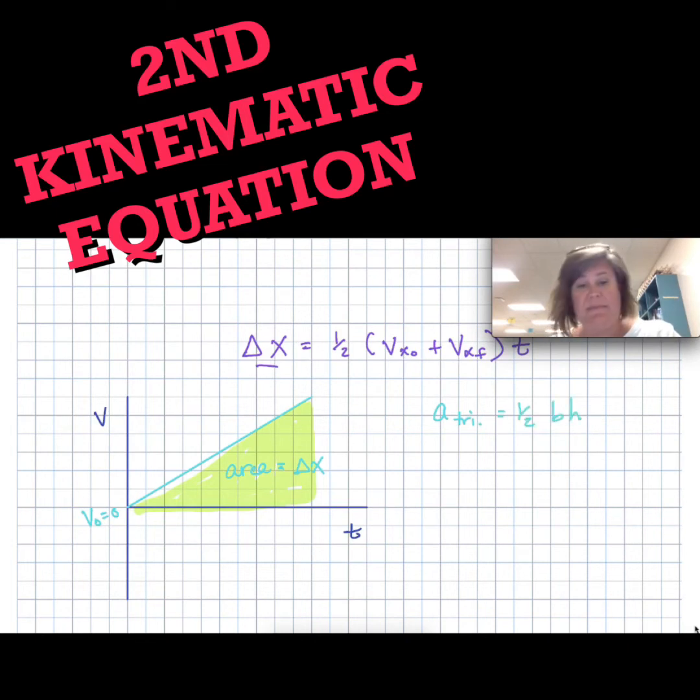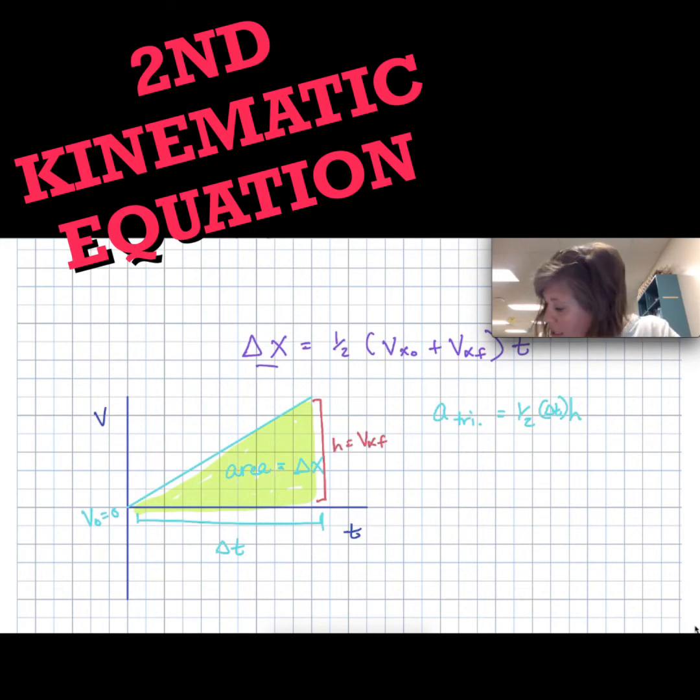And so if I were to find the area of a triangle here, that would be 1/2 base times height, okay? In this case, our base would be delta t. So let's go ahead and just substitute here delta t in for our base. And because our initial velocity is 0, our height here is just the final velocity.